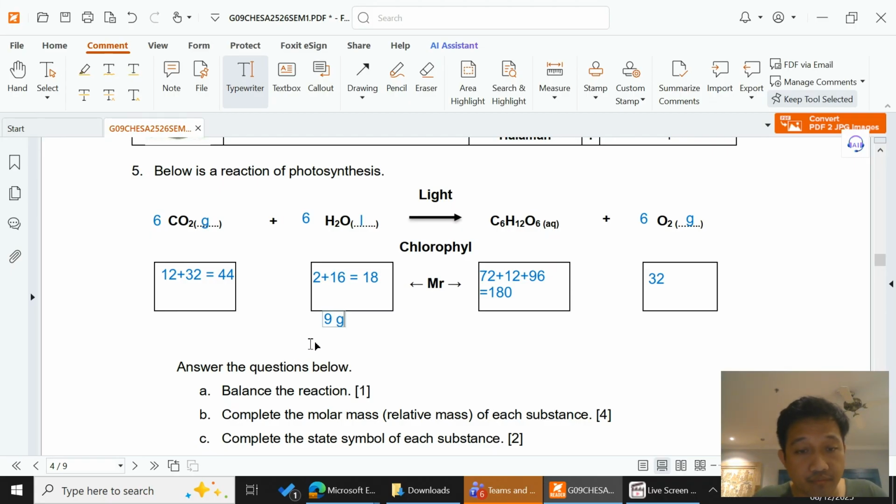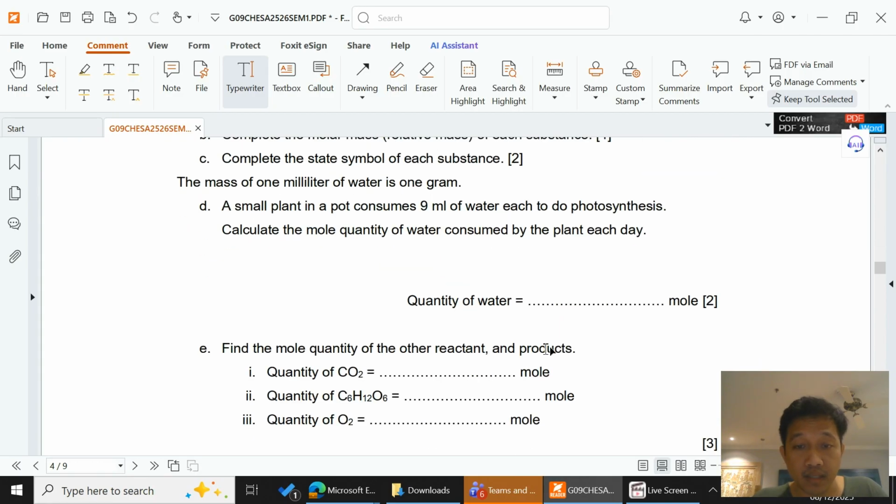So to find the mole, it is equal to mass divided by Mr, right? The mass is 9 and we divide by Mr, the relative mass or molar mass, which is 18. So the result is 0.5 mole. Okay, the quantity of water is 0.5 mole.